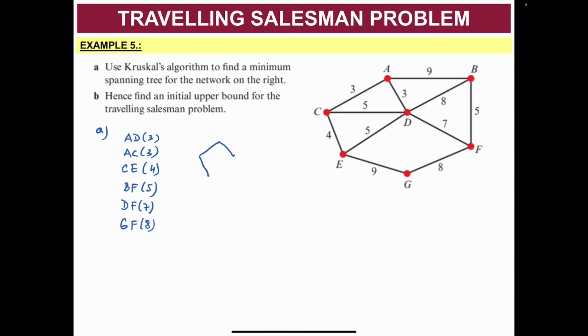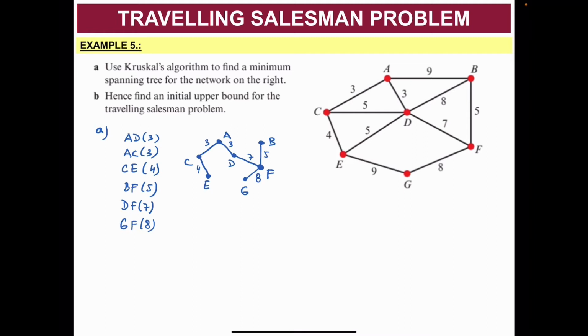Then I have F, and then that's B, and this is G. So this would be my F, this is my B, this is my D, A, C, E, and the last one is G, and the weights are, this is 4, this one is 3, this one is 3, 7, 8 and 5.